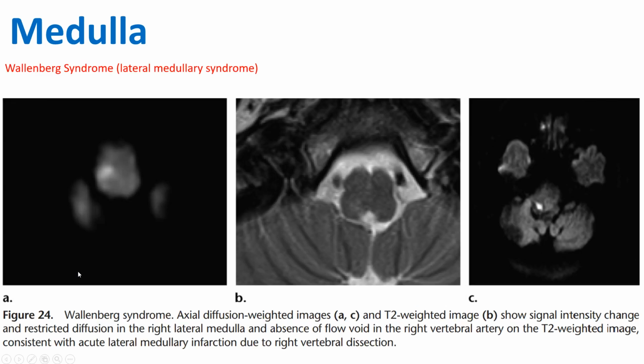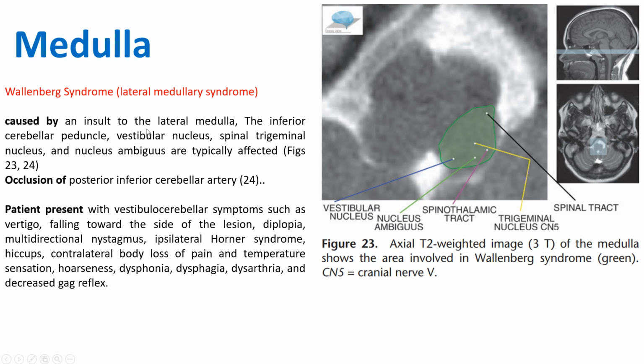This is the reverse of the lateral medullary syndrome, where there is insult in the lateral medulla involving the inferior cerebellar peduncle, the vestibular nucleus, which is number 8, the spinal trigeminal nucleus, number 5, and the nucleus ambiguus, which supplies the motor part of nuclei 9, 10, and 11. These symptoms of dysphagia, dysarthria, dysphonia, hoarseness, and gag reflex are all considered bulbar symptoms due to affection of the 9th, 10th, and 11th cranial nerves.